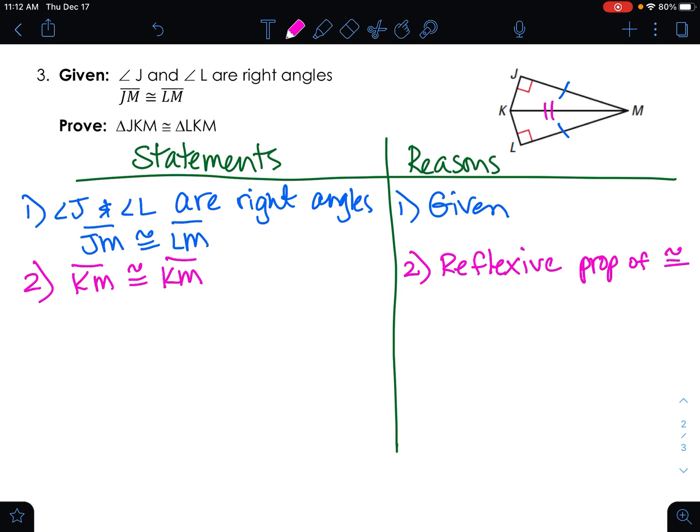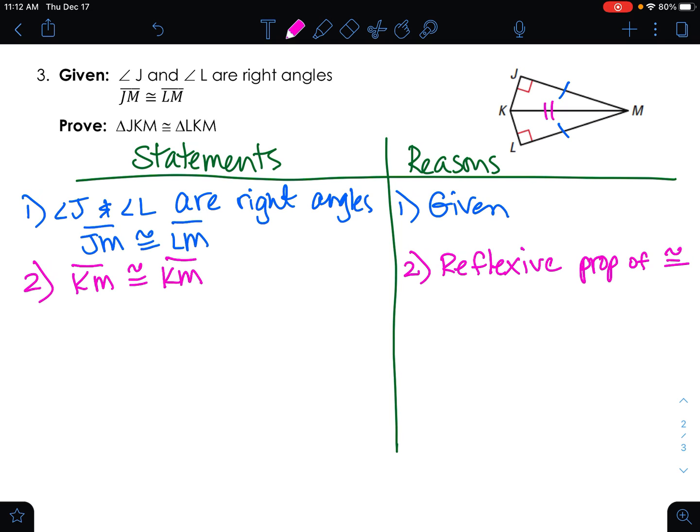But the one thing about HL that's a little bit tricky is I need, really, even though HL has two parts, hypotenuse and leg, there's really a third kind of hidden part, and that's the fact that I must have a right triangle. Now, when I look at this, I know I have a right triangle because I know what a right triangle is. I know that a right triangle has one right angle.